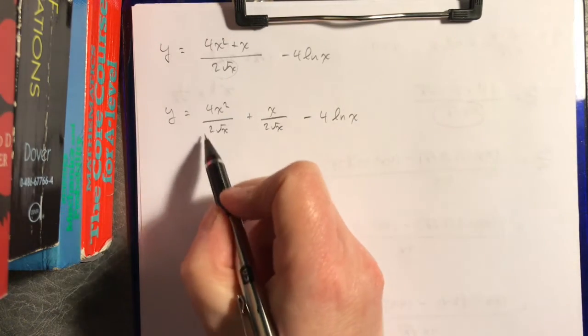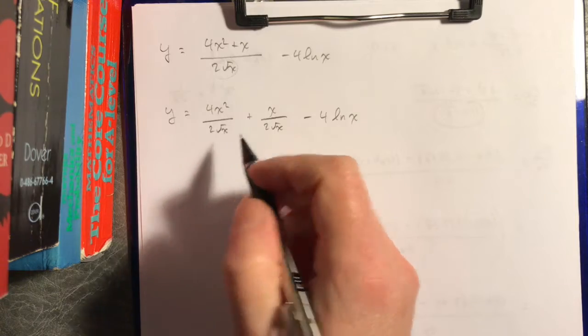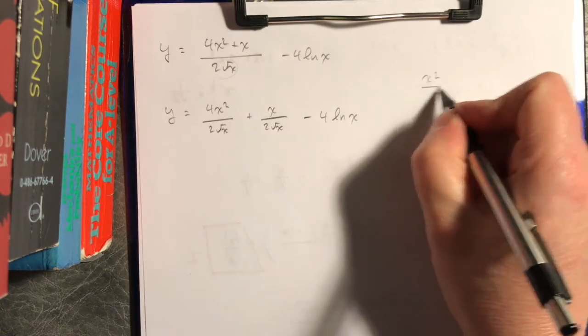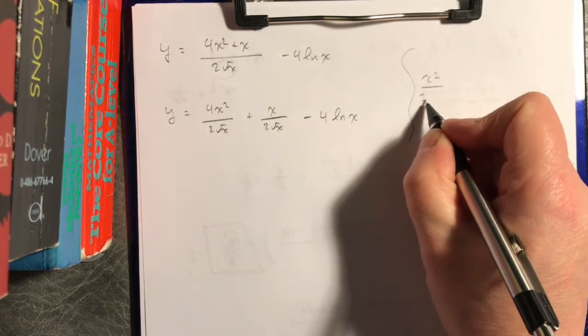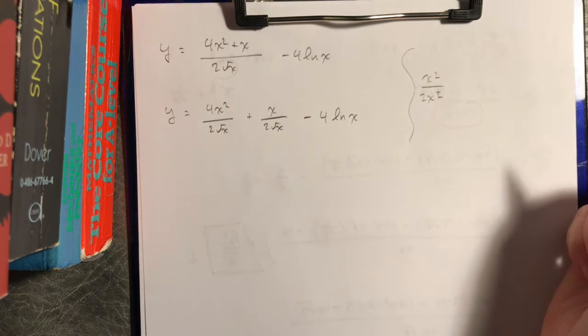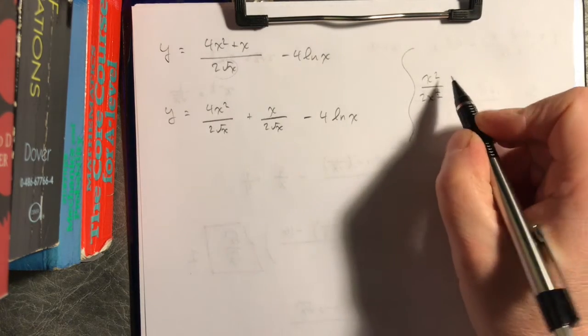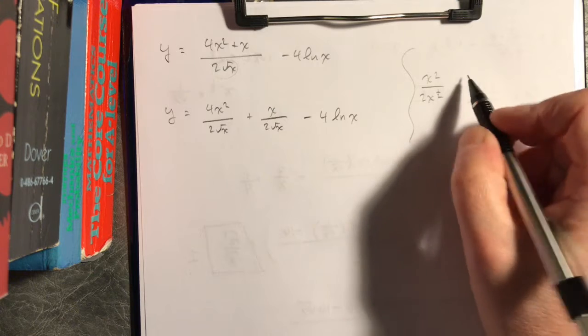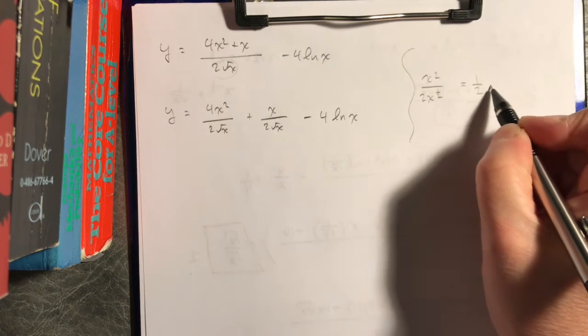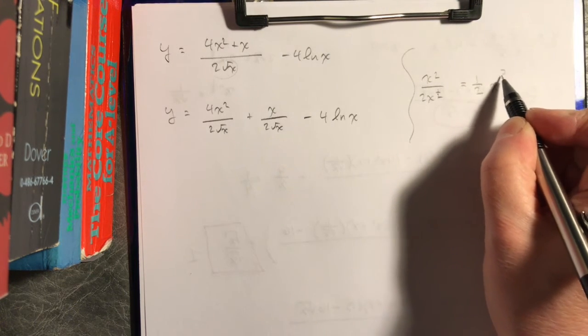Now I am going to do the index thing. So I've got x squared divided by 2x to the 1/2, and that means I subtract indices, and that's going to leave me with x to the 3/2.